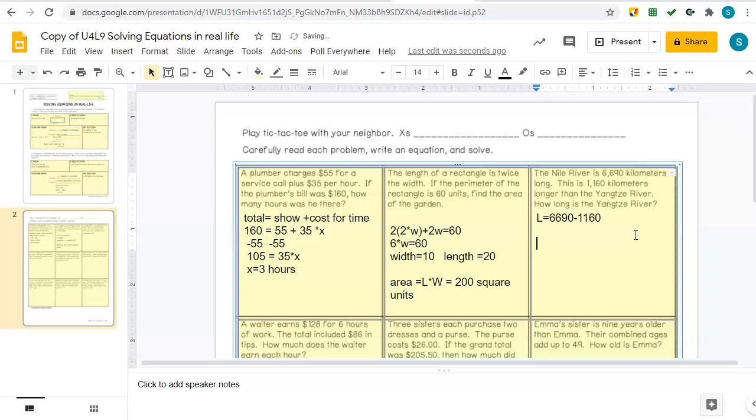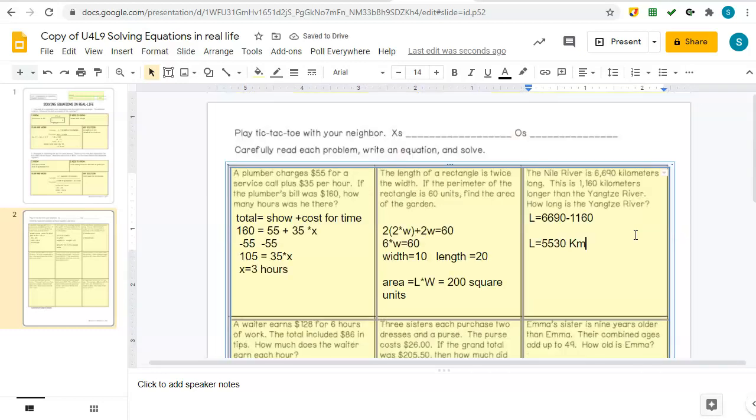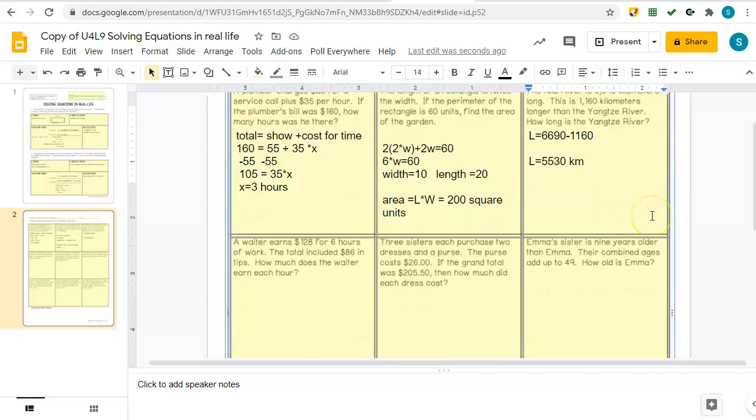So that means our length equals 5,530. Note that this one was already solved for us. All we had to do was simplify. So we figured out that it was a subtraction and we simplify. Alright.